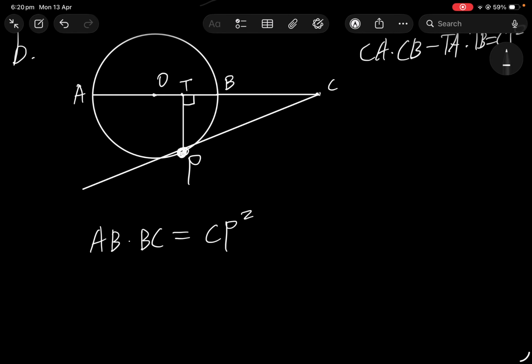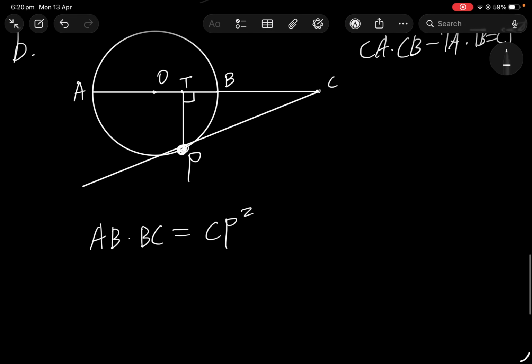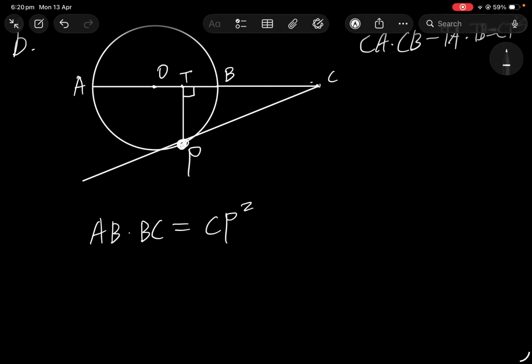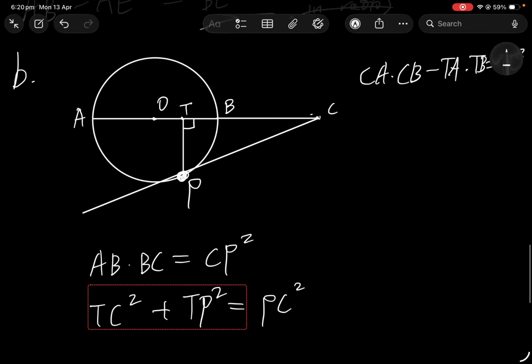Then we also know that this is a right angle triangle, so we do know that TC squared plus TP squared equals PC squared.